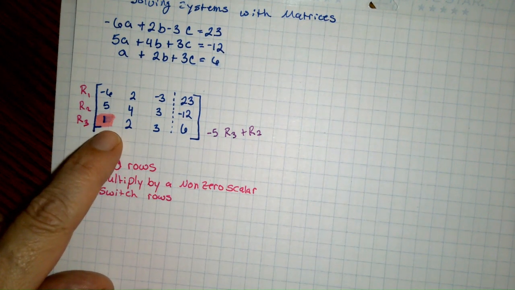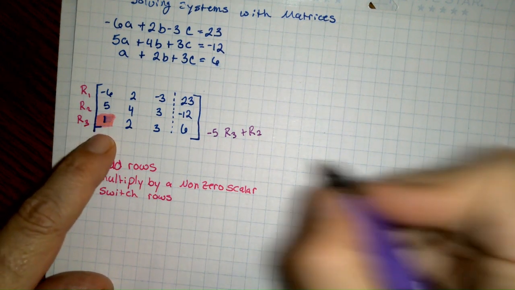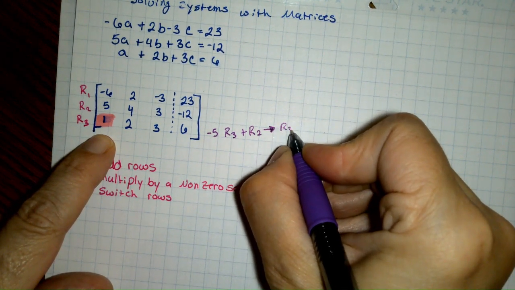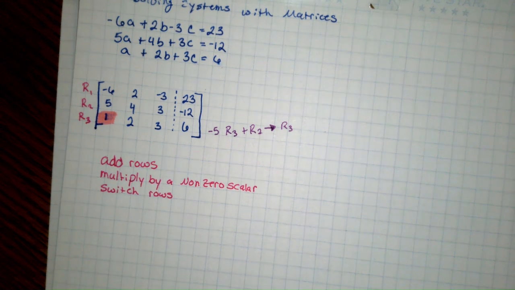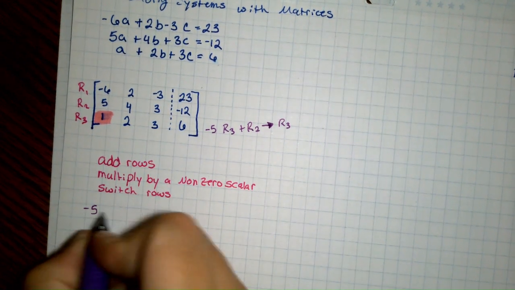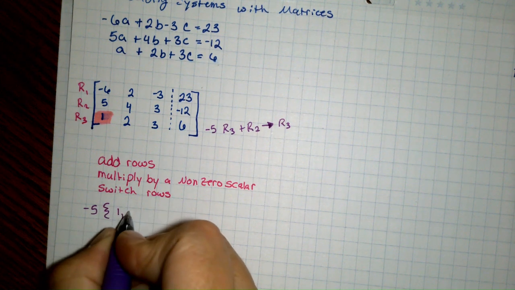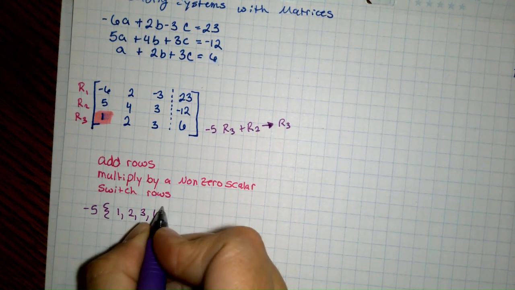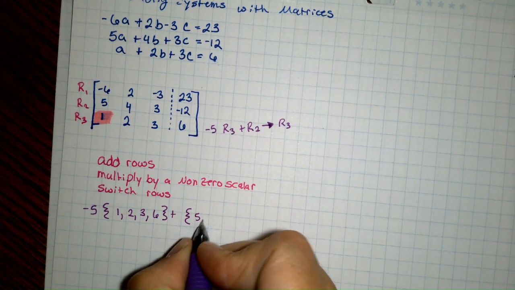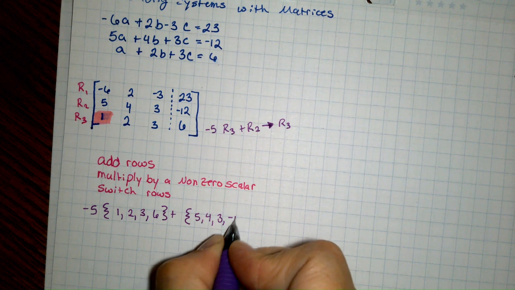And since I want to keep it right here, I'm going to store it in row 3. So I need to take -5 times the numbers 1, 2, 3, and 6, and add 5, 4, 3, and -12.